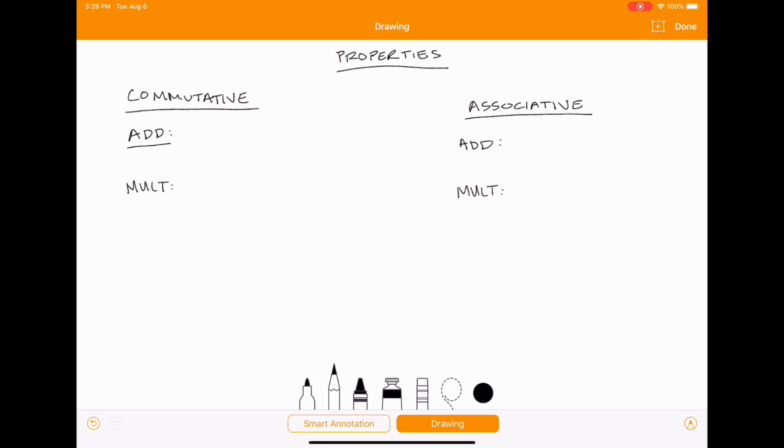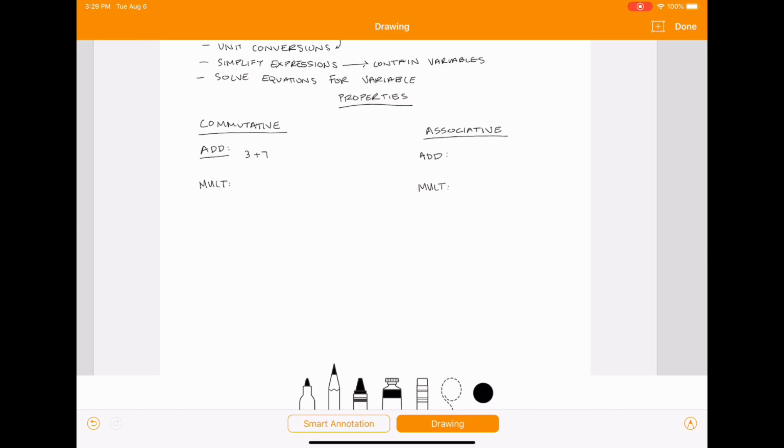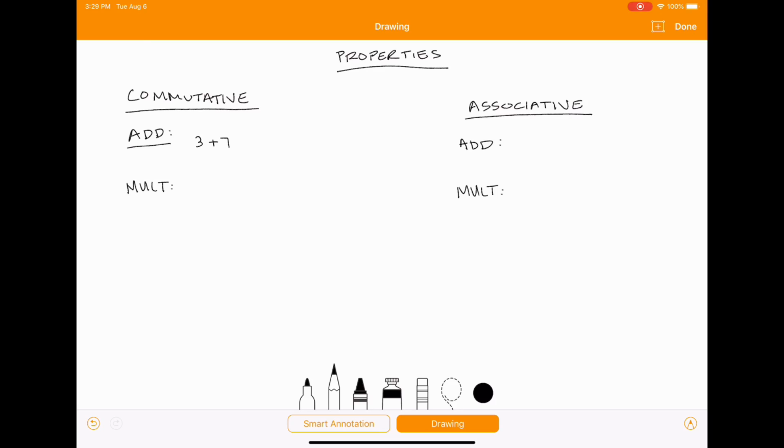So for example, if we had 3 plus 7, then the commutative property tells us that that is also going to be equal to 7 plus 3, because it doesn't matter which order these go in. You're going to get the same answer every time, which in this case would be 10. So as you can see, 10 equals 10, so therefore addition is commutative.